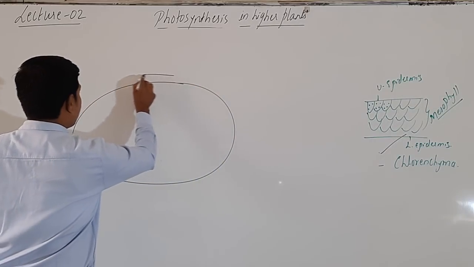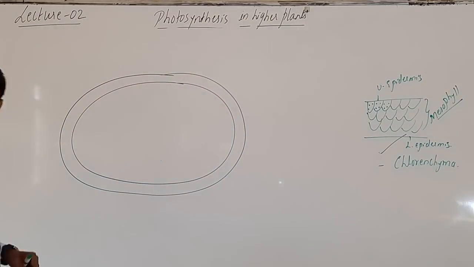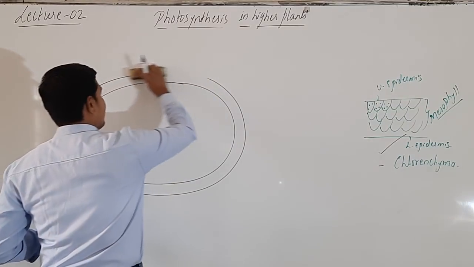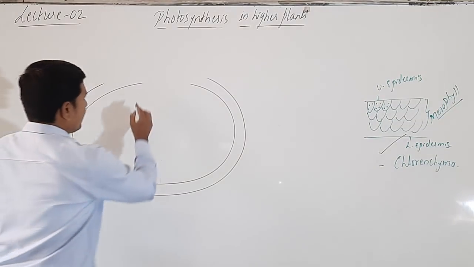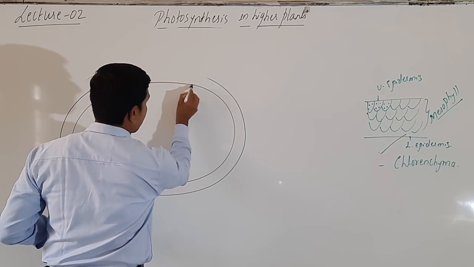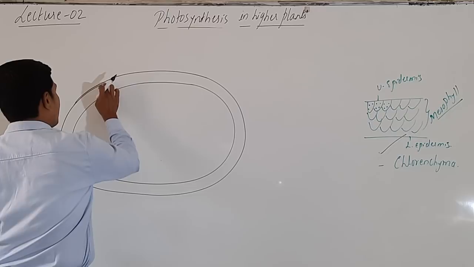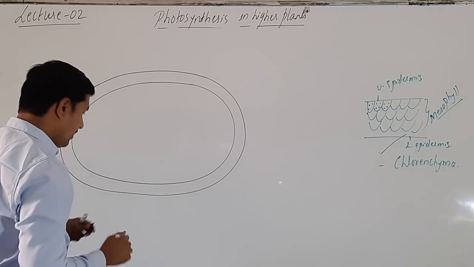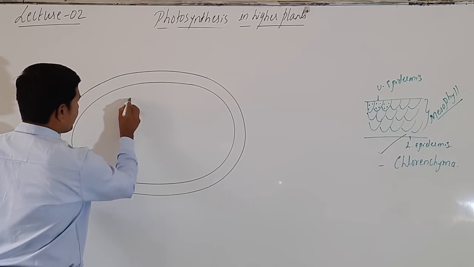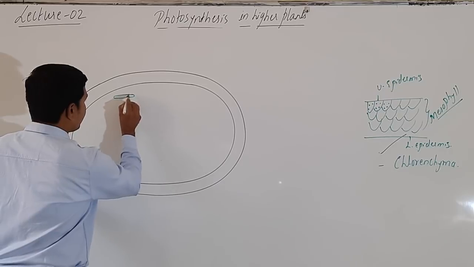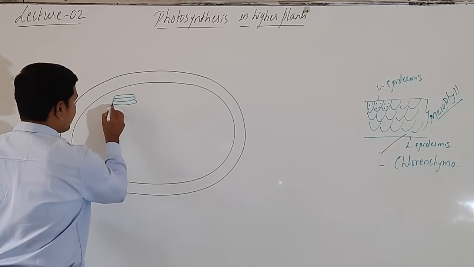Now the chloroplast is again a double membrane structure. So here I am drawing a 2D diagram, where the 3D diagram is shown in the cell chapter, chapter number 8. Okay, now inside this we have the chloroplast. This is the structure of a chloroplast.